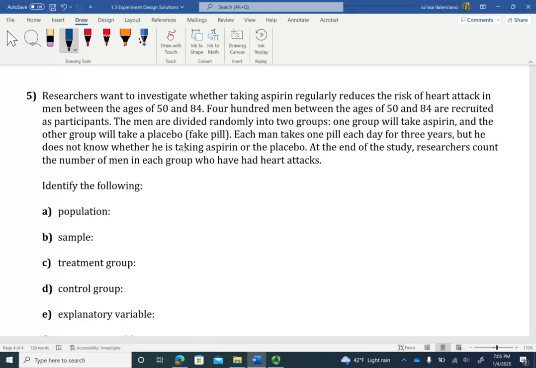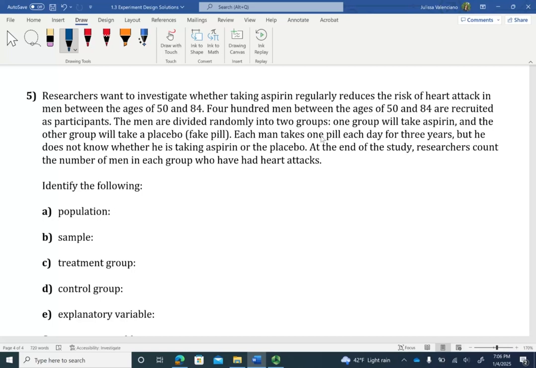The other group will take a placebo, a fake pill. Each man takes one pill each day for 3 years, but he doesn't know whether he's taking aspirin or the placebo. At the end of the study, researchers count the number of men in each group who had a heart attack.